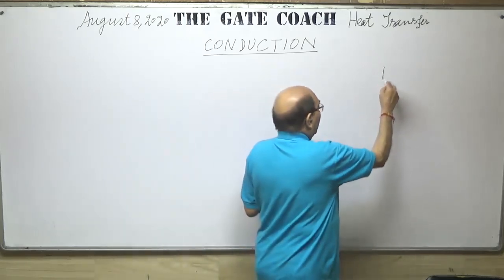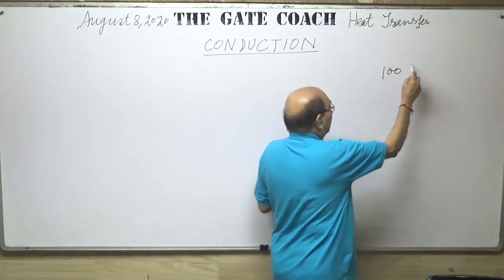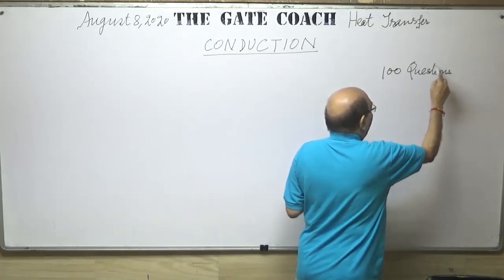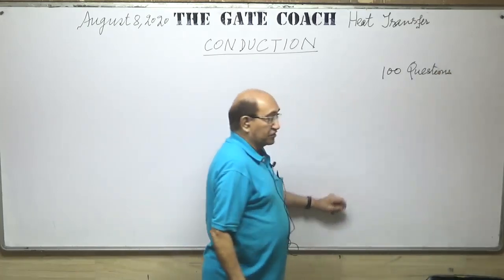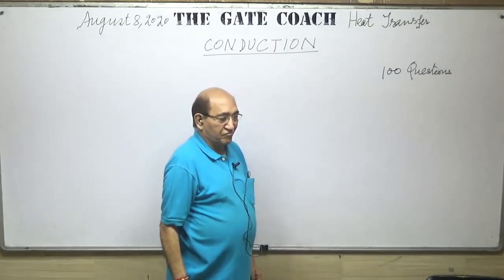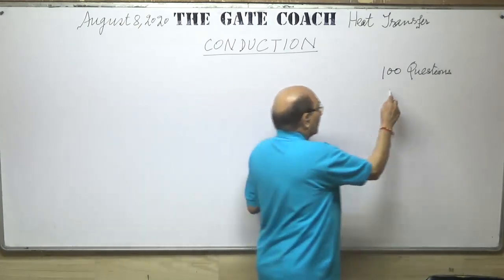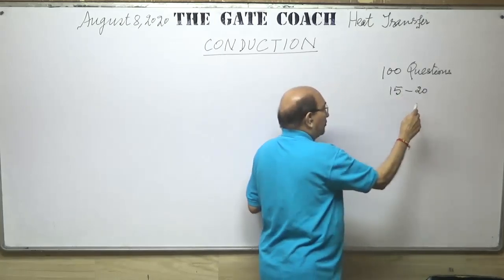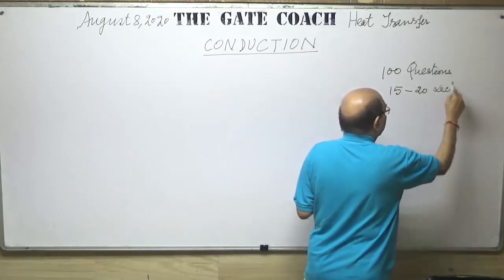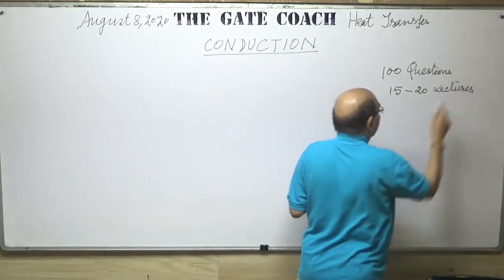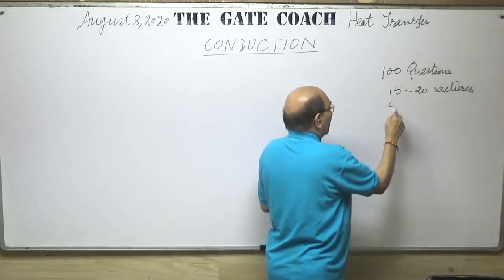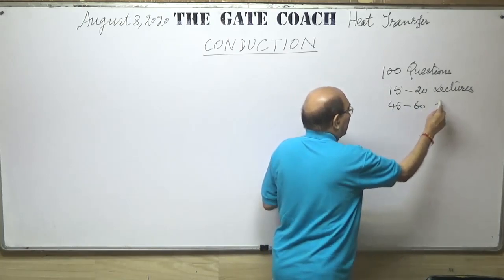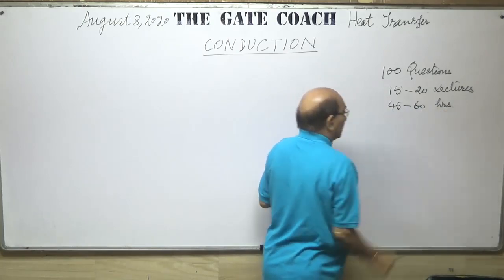So as a whole, we try to do at least 100 questions in the class. The classes taken may be 15 to 20 lectures, that means 45 to 60 hours.